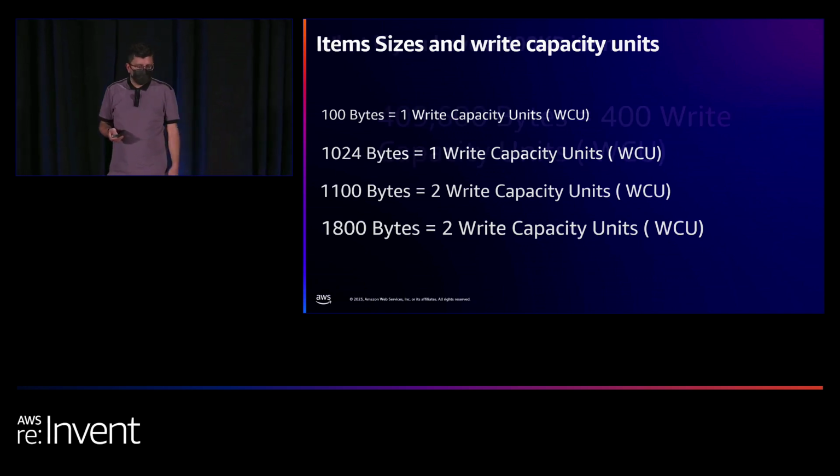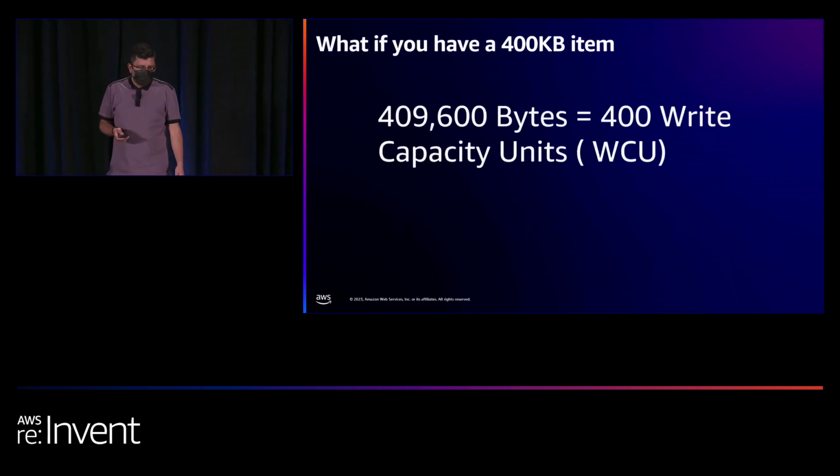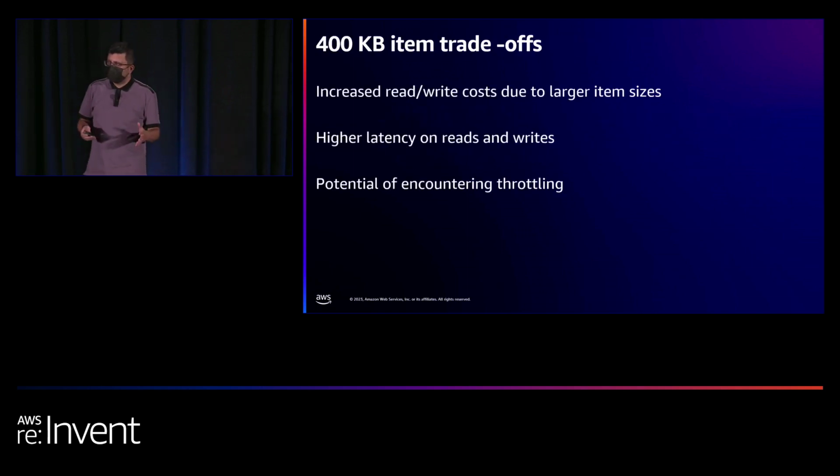You can have items as big as 400 kilobytes, and that will consume 400 WCUs. And as Greg pointed out, there are always trade-offs with using larger items. If you have bigger items than this, yes, you probably need an object store. You can build an index in DynamoDB and store data in S3.